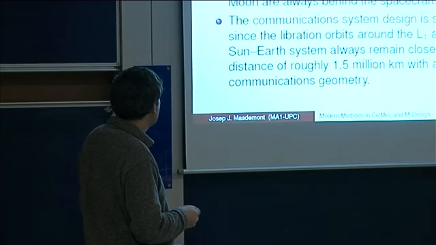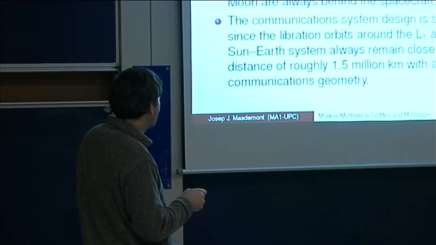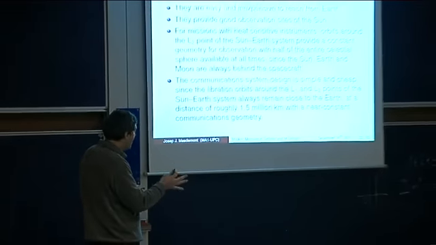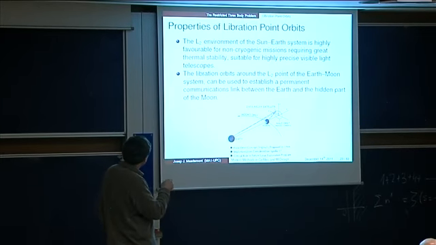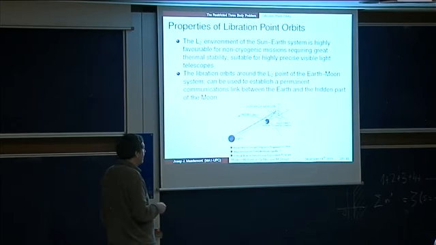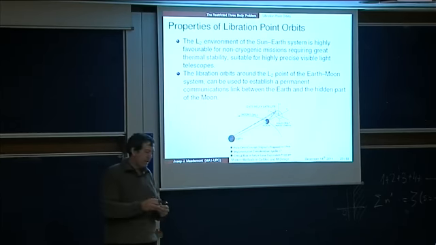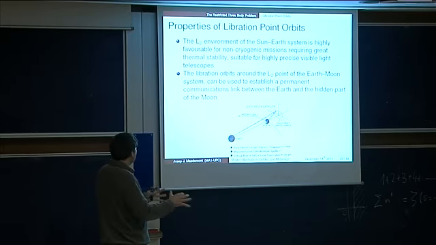This constant geometry is also good for communication, because you don't need to point the satellite, essentially. The thermal stability of this neighborhood is also very important, because you are always at the same distance from the Sun and Earth, so it doesn't change.